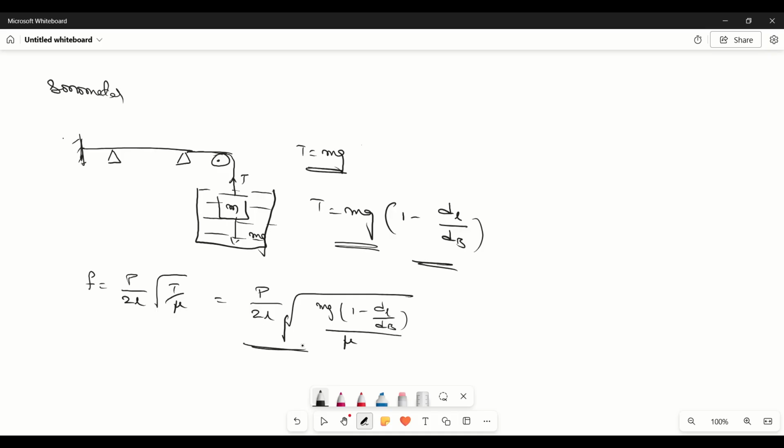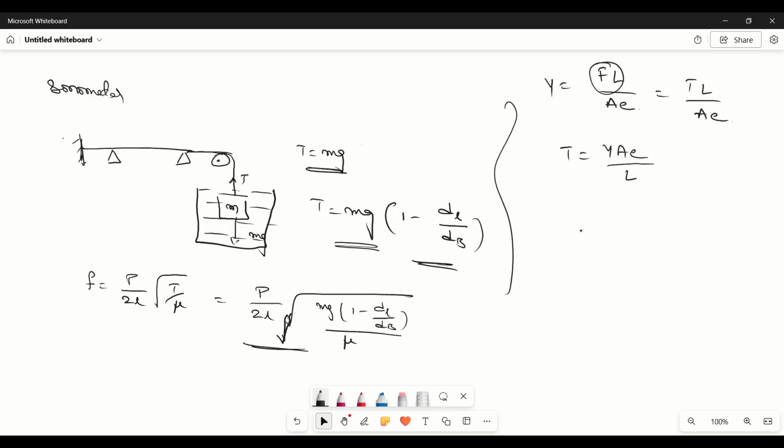Similarly, when we consider the Young's modulus of this string, we know that Young's modulus equals FL by AE, where force is represented by the tension, so we can write TL by AE. So T equal to YAE by L. This represents the tension based on the Young's modulus.